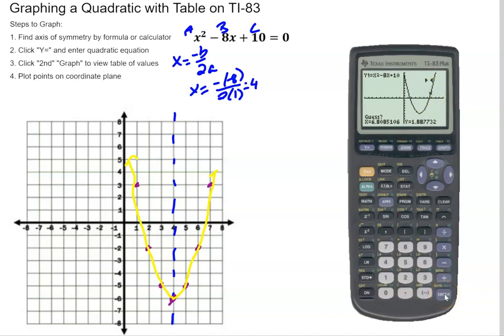Hit enter, guess, hit enter a third time, and it tells us the x-intercept is at 6.4 or 6.45 when y is 0. So that is how you can graph a quadratic using the table feature on your TI-83, as well as finding the vertex as well as the zeros.